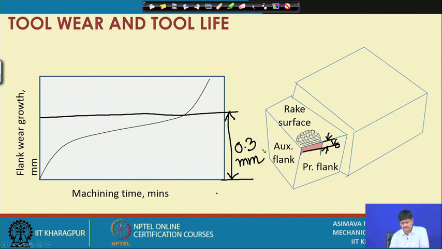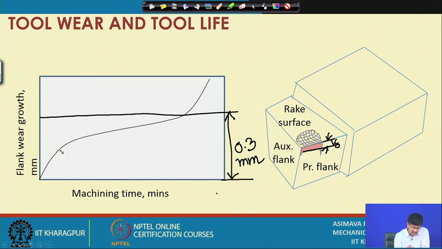Now, how do we know that? We can either stop the machining and actually look at the tool and find out how much wear it has undergone, and from that estimate under a microscope or some device, or we can have some online devices which will be predicting that yes, the tool has now reached this particular value of 0.3 millimeters, or conditions similar to that have arisen.